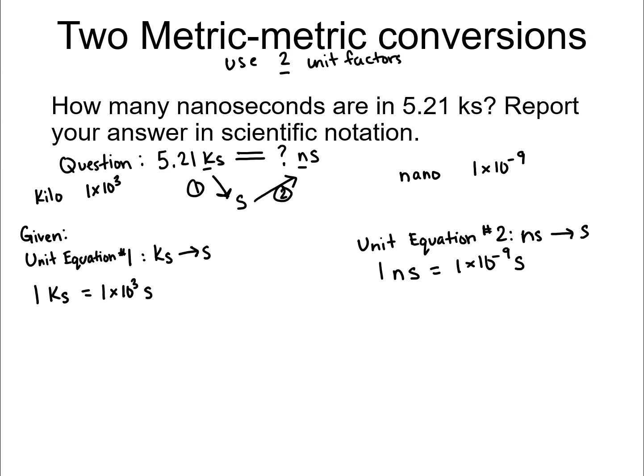That's going to be our second unit equation. We've got 1 nanosecond, and that's equal to 1 times 10 to the minus 9 seconds. Now we write our unit factors.